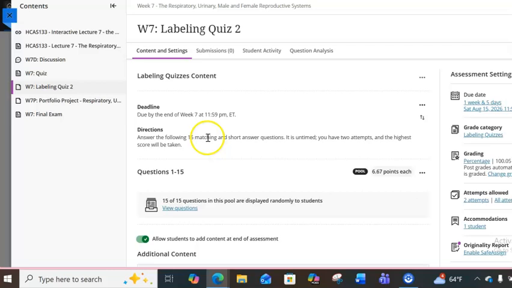And having the advantage of having it be untimed, you can open it up and then come back to it as well. I will also post a study guide in this quiz so that you can look at it. I will post that together with your final exam study guide as well.